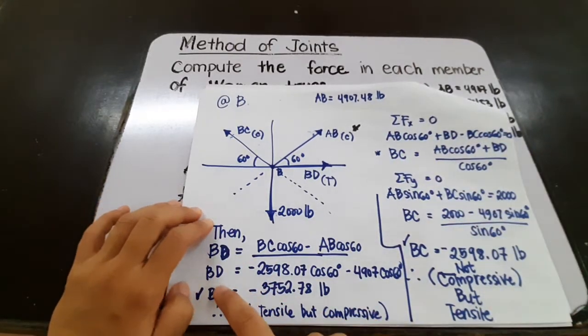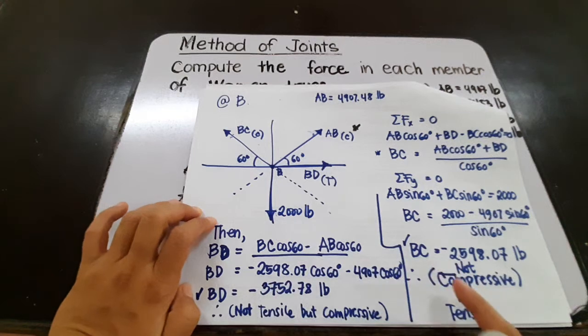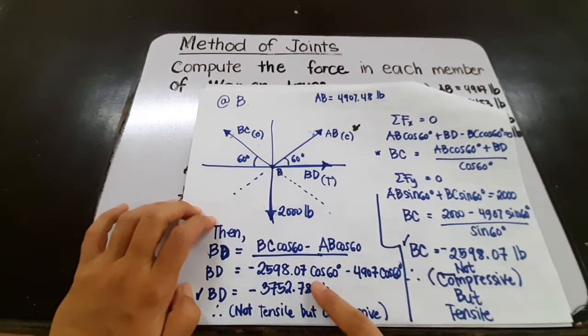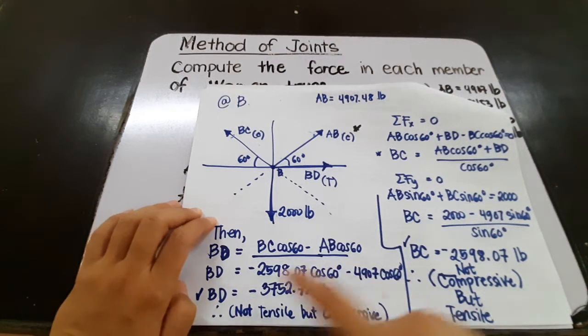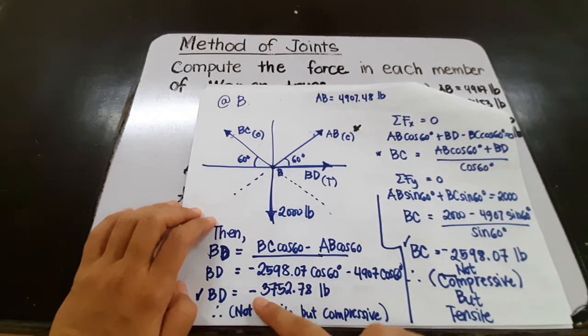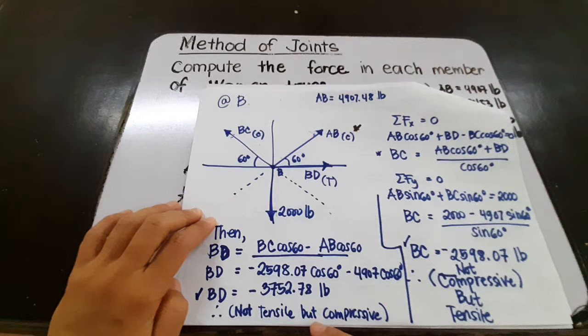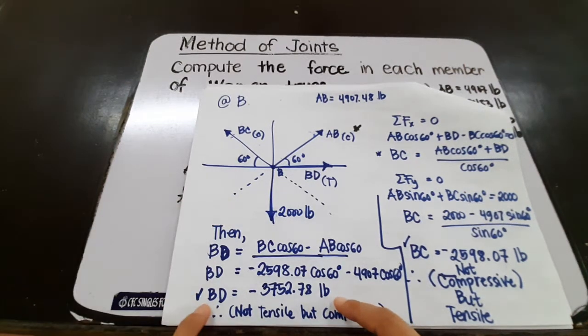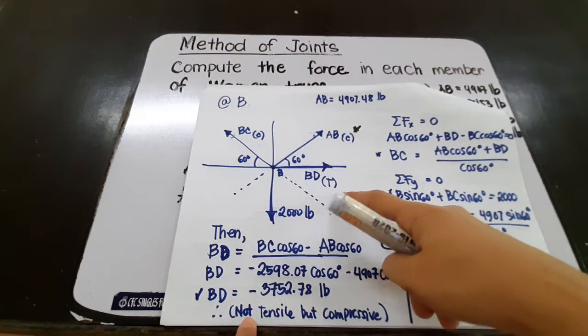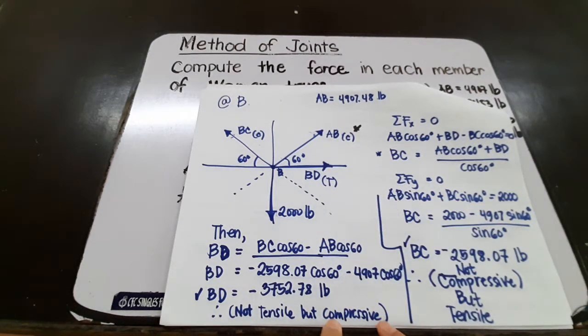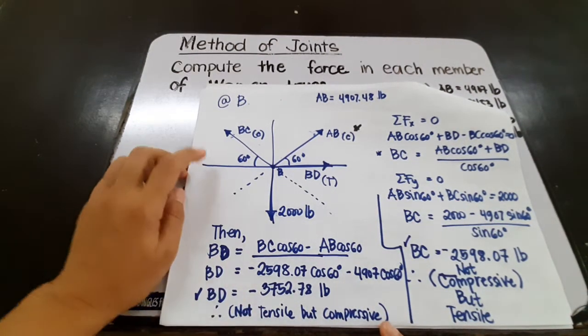So we can solve for BD, and we have a negative BC value cosine 60 minus 4907 cosine 60, and we have a negative also, negative 3752.78 for BD. Since this is negative, and we assumed BD as tensile, this means it is not tensile, but a compressive force.